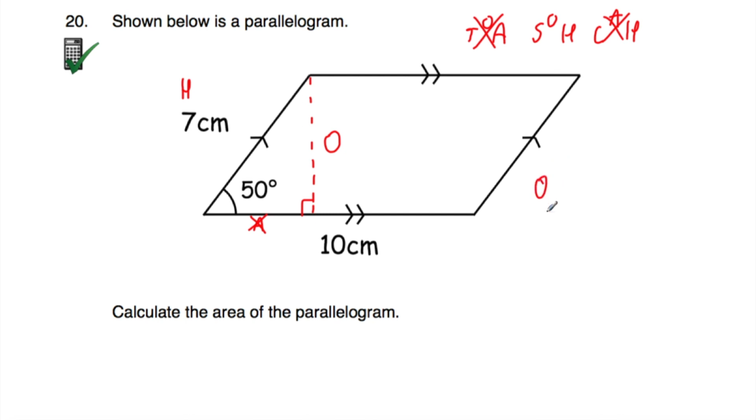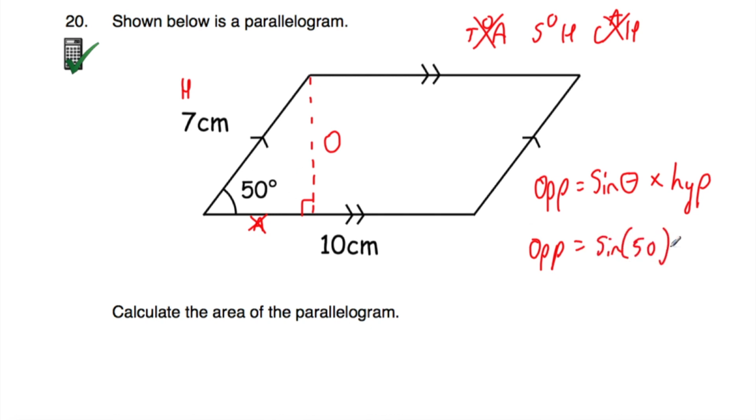So let's write that down. The opposite is equal to the sine of the angle multiplied by the hypotenuse. Now the opposite in this question, well, that's just the opposite. So the opposite is equal to the sine of 50 multiplied by the hypotenuse, and the hypotenuse of this triangle is equal to 7 centimeters, so multiply by 7.